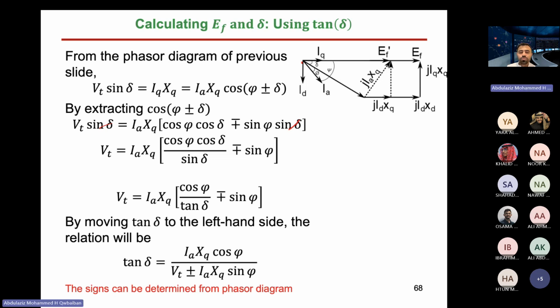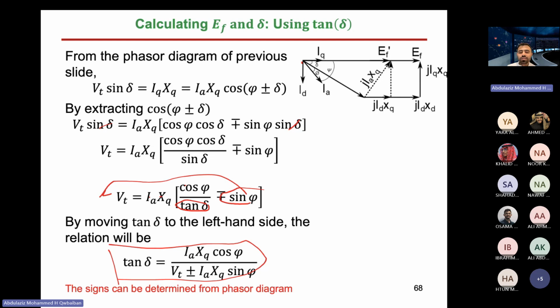If you solve for this, first you have to move this term here. That's why you have VT plus or minus IAXQ sine theta in the denominator, and in the numerator, you have IAXQ cosine theta. And this is the final expression.